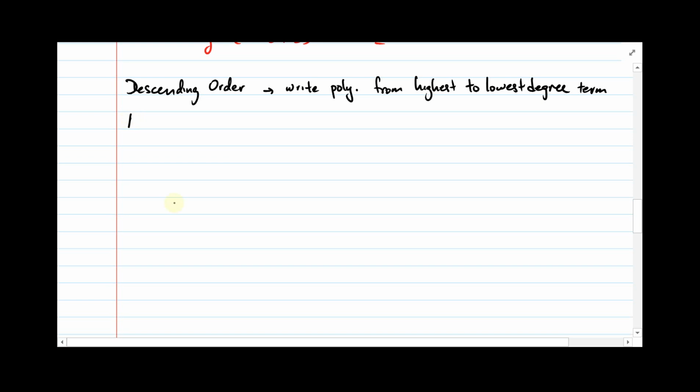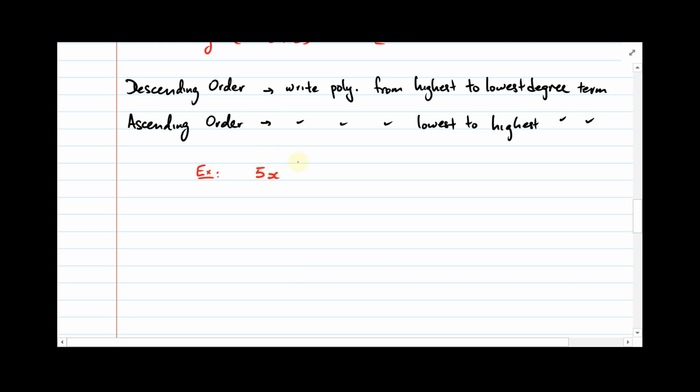And of course, if I said ascending order, then we would write the polynomial from lowest. It would go the opposite way to highest degree term. So in general, we might not even order them when we give them to you. So for example, let's look at this one.